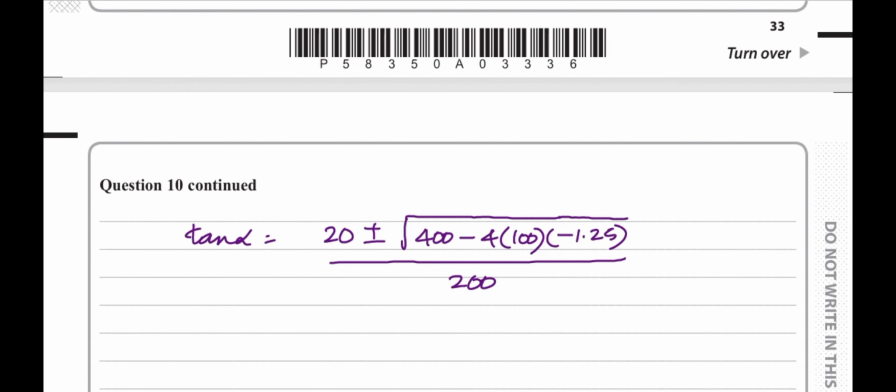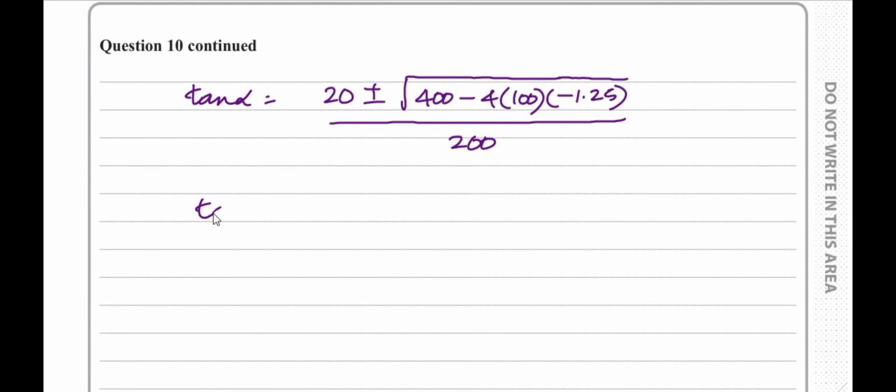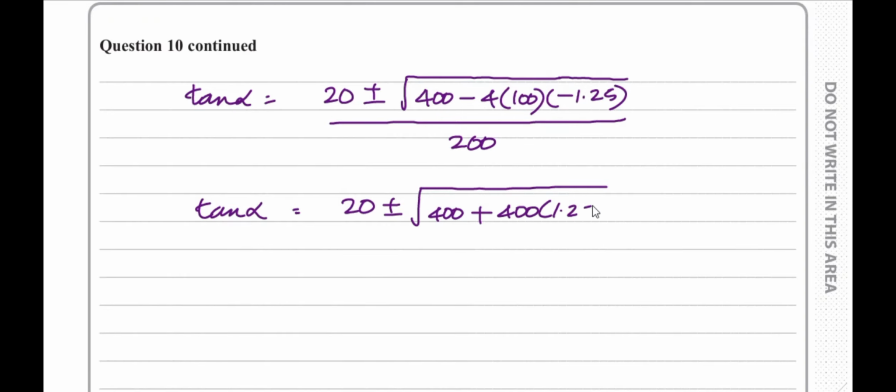Okay, now that means tan alpha is equal to 20 plus or minus square root of 400, minus times minus will become plus 400 times 1.25, all over 200. Putting this into the calculator, we get tan alpha is equal to 1/4 or minus 1 over 20.